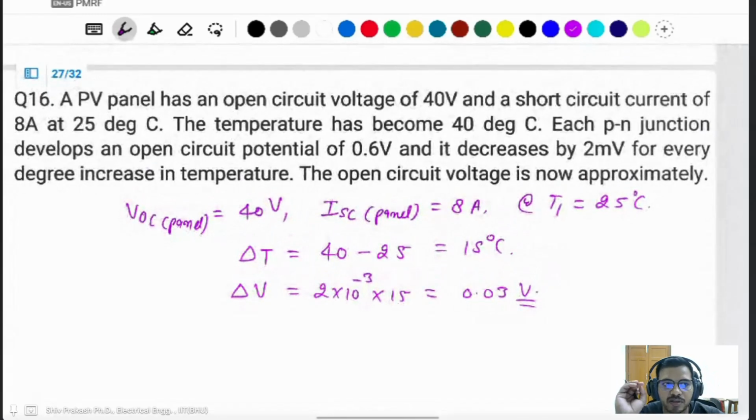It is not given how many cells are connected in the panel. But it is directly given that the open circuit voltage of the panel is 40 volt, and that each PN junction develops an open circuit potential of 0.6 volt. So first you have to calculate how many cells are connected in series or parallel.